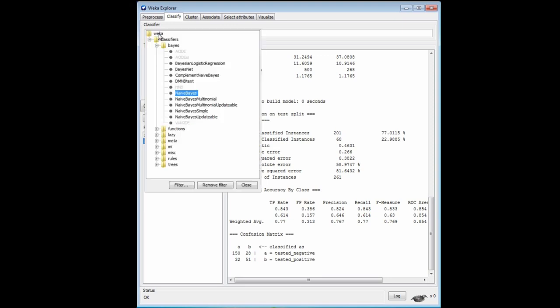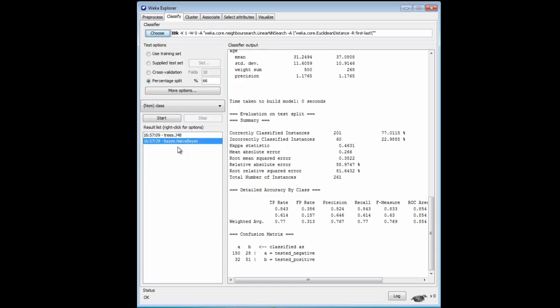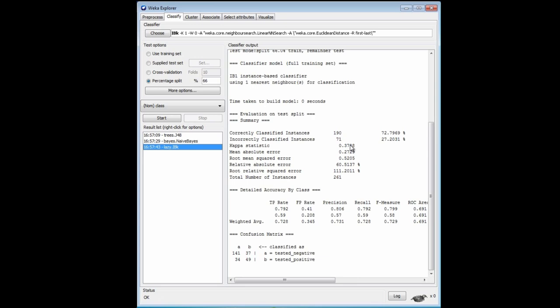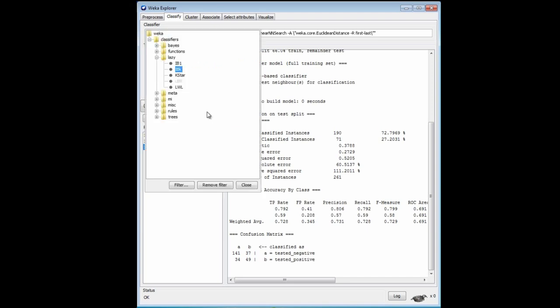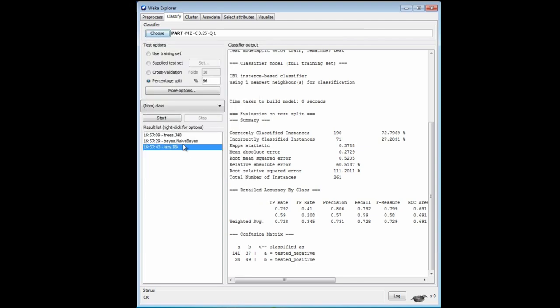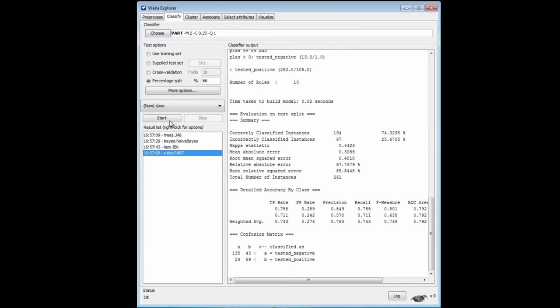Let's choose in the lazy category. I'm going to choose IBk. Again, we'll learn about this later on. And here we get 73%, quite a bit worse. And we'll use one final one, the partial rules. In the rules category, the PART procedure. And here we get 74%.